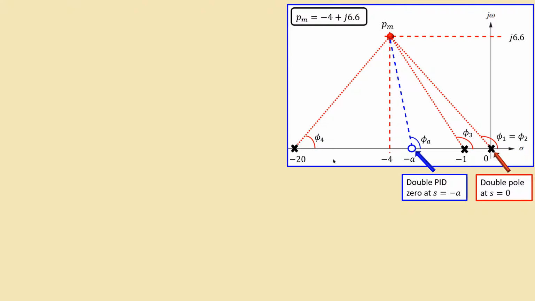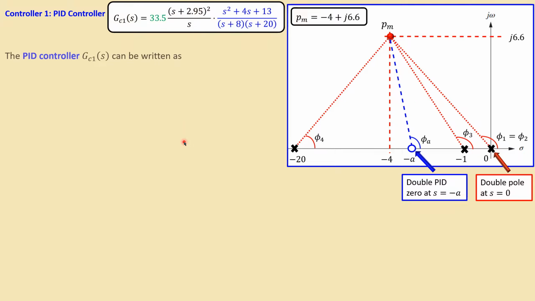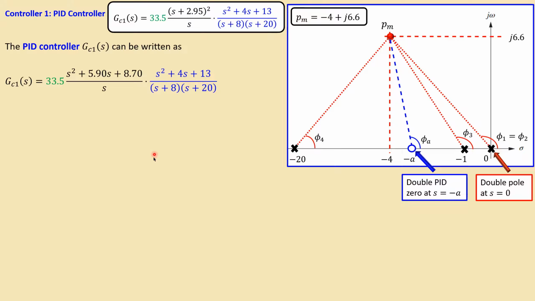Okay, moving on, and again showing the root locus plot with all the necessary elements. We can now say the controller 1 is this. That can be rewritten in a different form, such that we can recognize the P, the I, and the D forms. We leave the filter as it is and just focus on this part. So 33.5 will be multiplied here, so the s squared will be multiplied by this, and also the other two terms in the numerator.